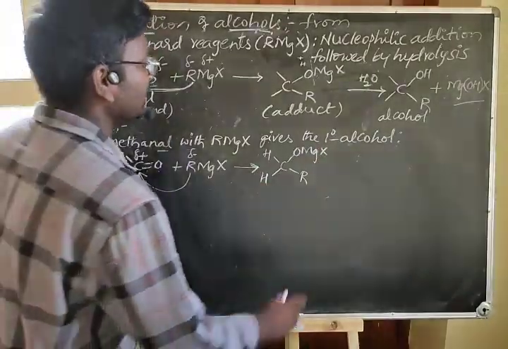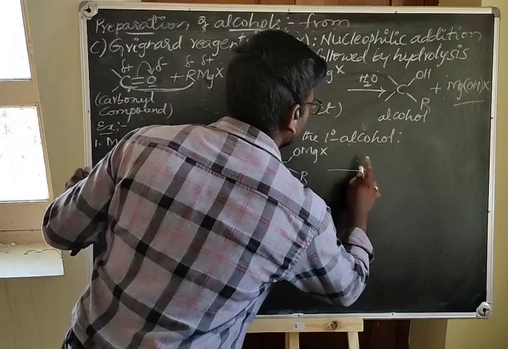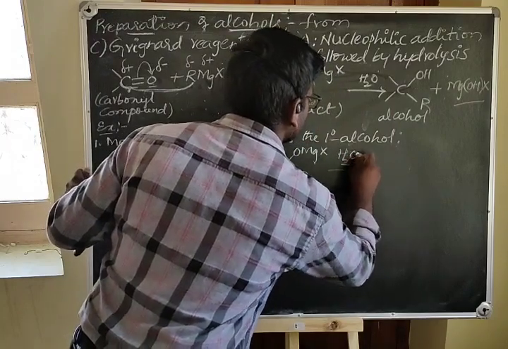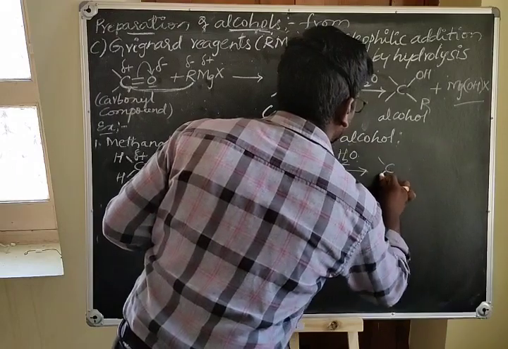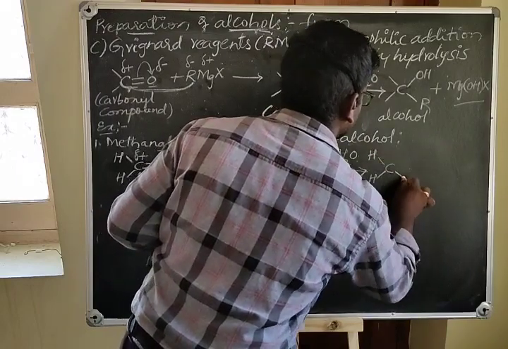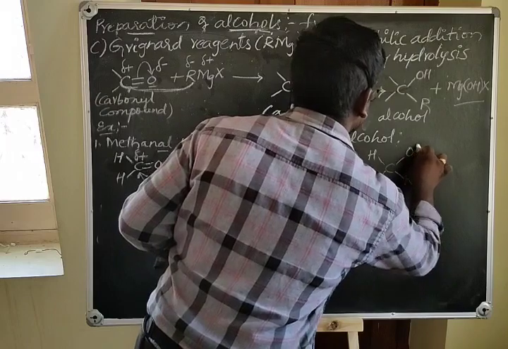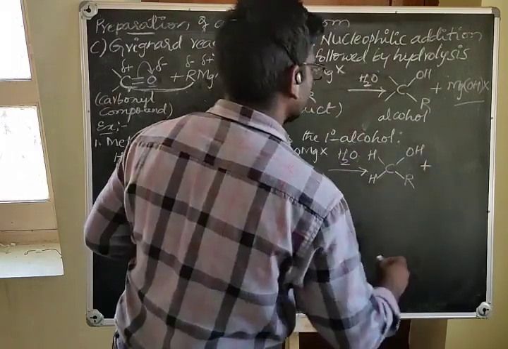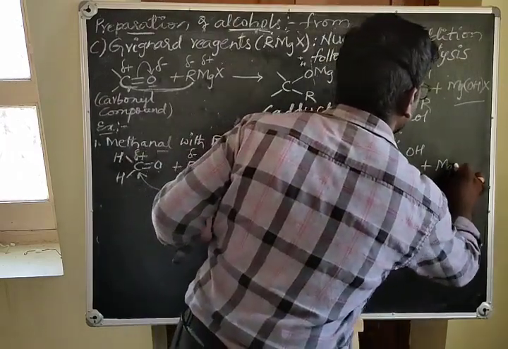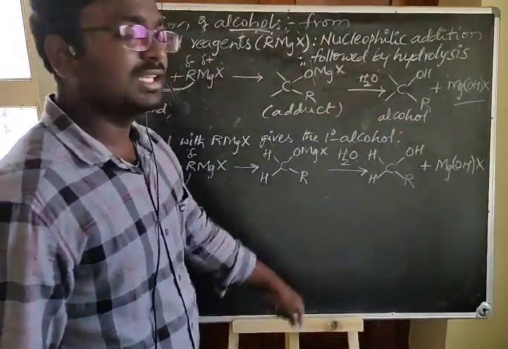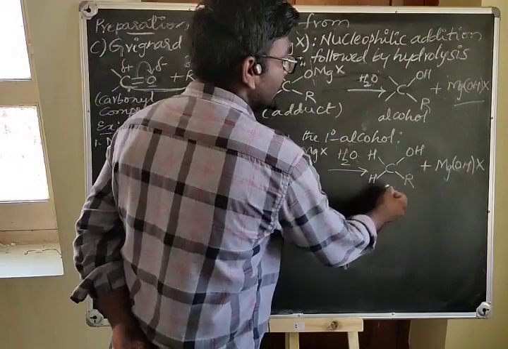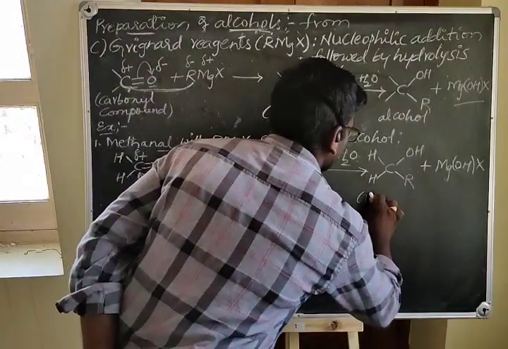When you perform hydrolysis on this, you will get the alcohol like this, RCH2OH plus Mg(OH)X. So what is this alcohol? It is a primary alcohol.